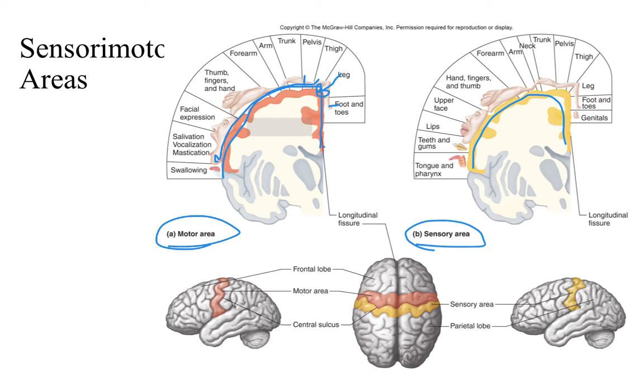So what that means is if you had your skull open and your dura mater open and you were poked here in your brain, you would feel it in your hand.